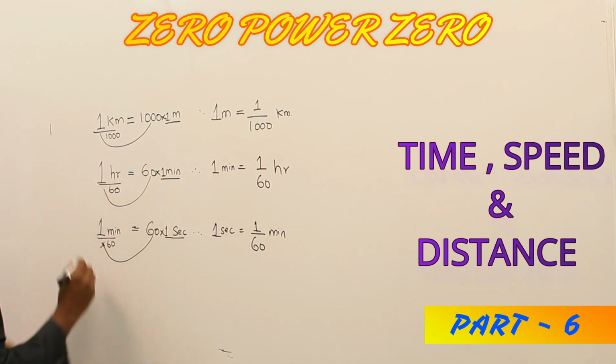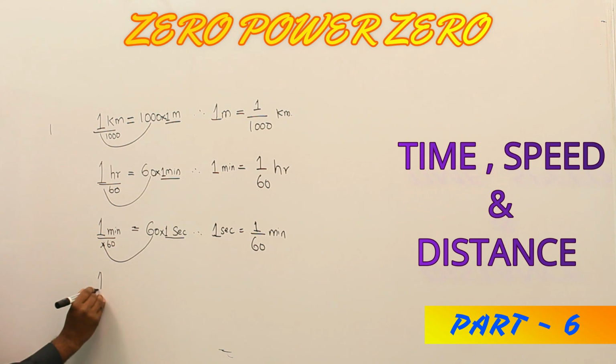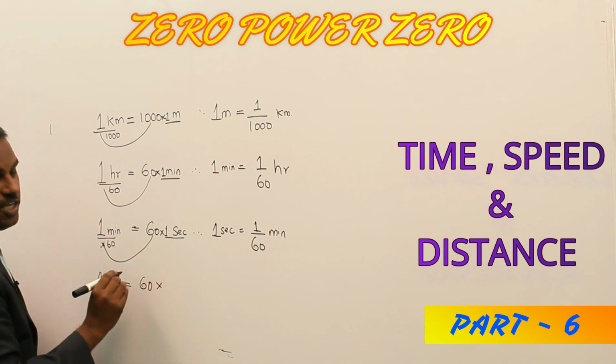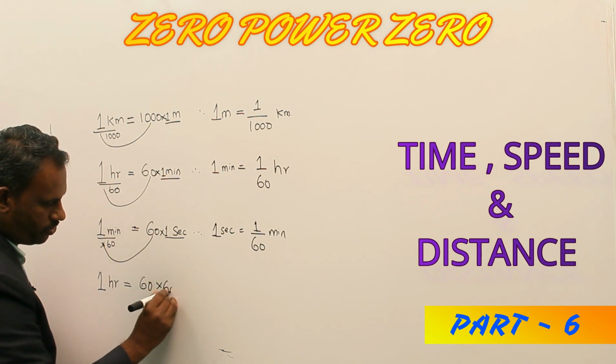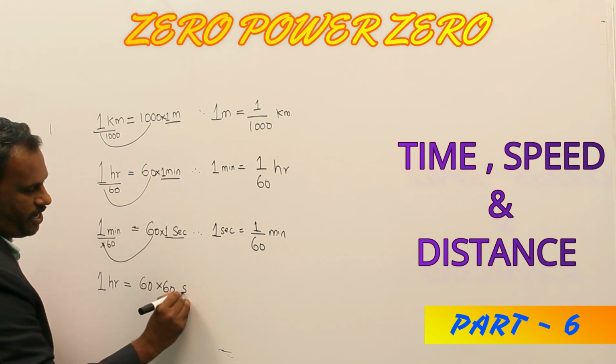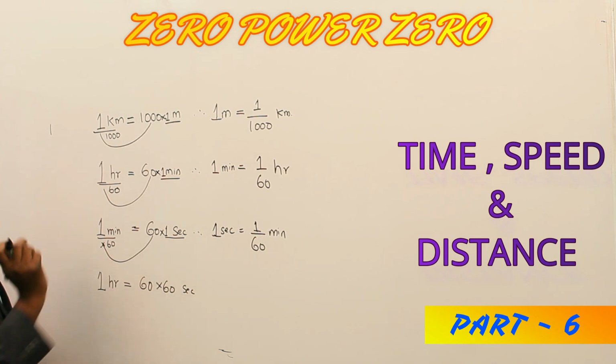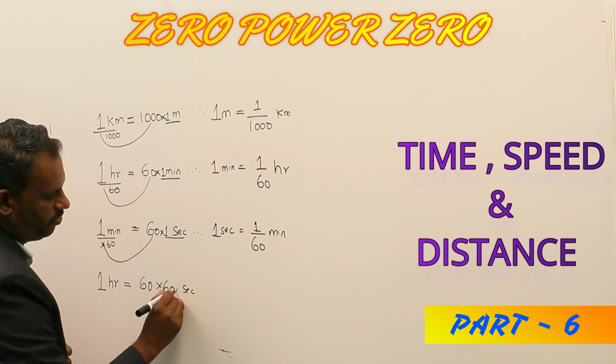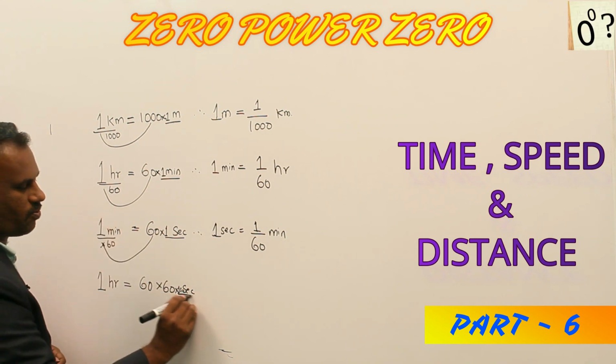In the same way, 1 hour equals 60 minutes, and each minute has 60 seconds, so 60 into 60 seconds. So 1 hour equals 60 into 60, or 3600 seconds. For simplification I put 1 second.